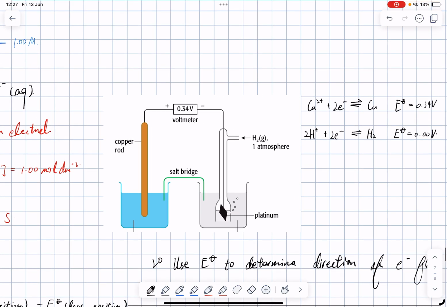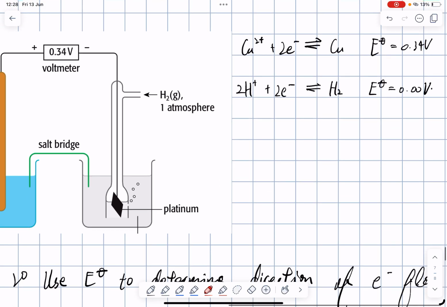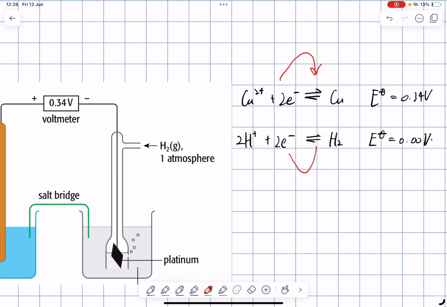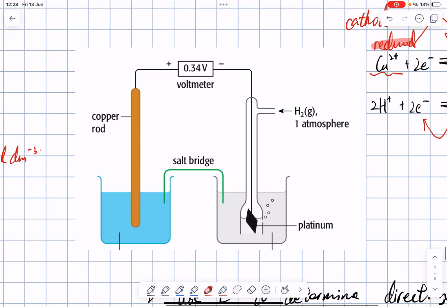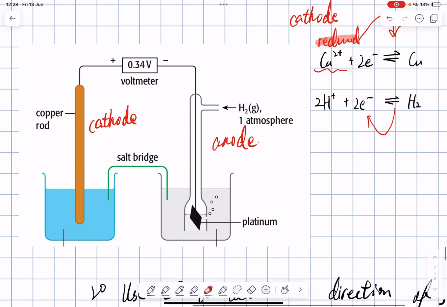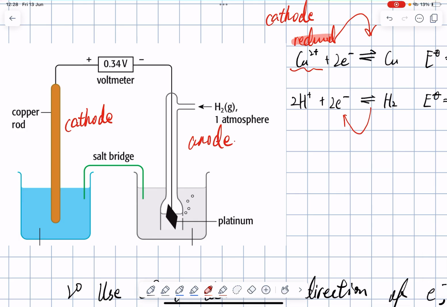All of us know that the direction should go like this. So copper is reduced. And from previous knowledge, we know the one that gets reduced is the cathode. So here is the cathode. And then the other has to be the anode.